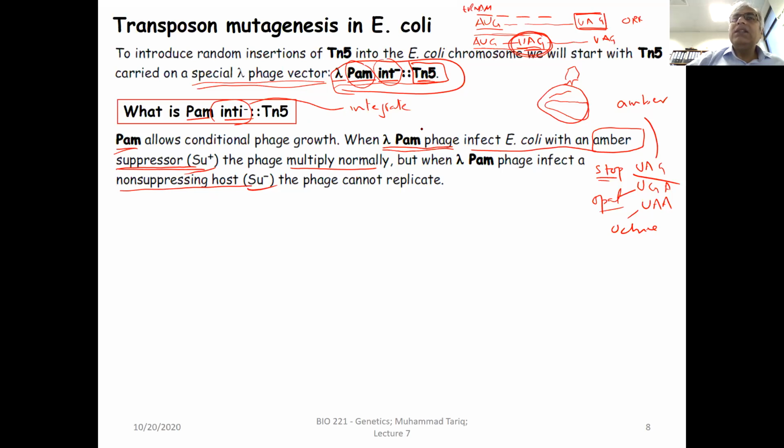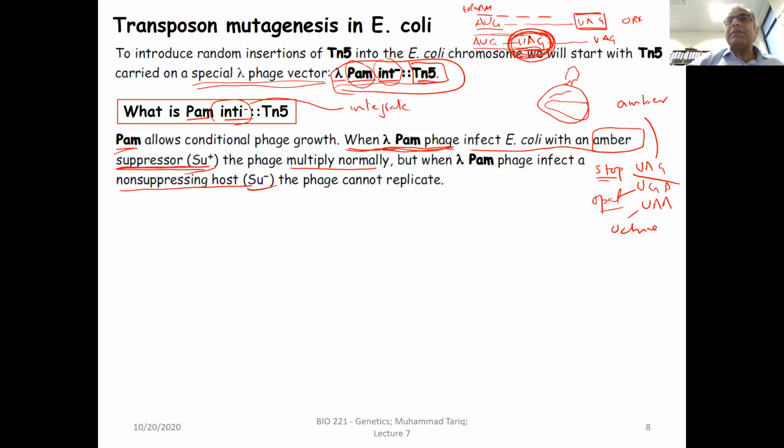However, these phages were discovered in mutant screens, in which they found that this phage is normally not able to grow in E. coli, but in specialized mutant bacteria which contain an amber suppressor mutation, they were able to grow. What happened? These bacteria do not recognize this as a stop codon, and they add an amino acid here.